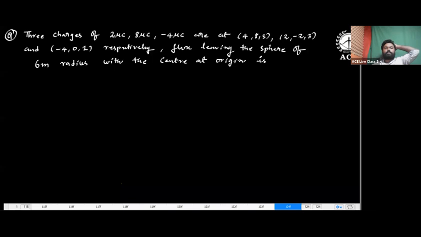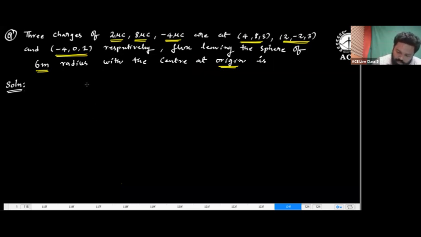Any answers? Let us try to understand here. Three charges here, 2 micro, 8 micro, minus 4 microcoulombs are here at these points respectively. Flux leaving the sphere of radius 6 meters and centered at the origin is. Here is a sphere beta.